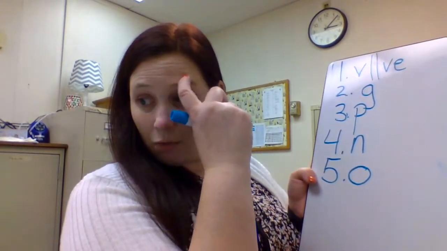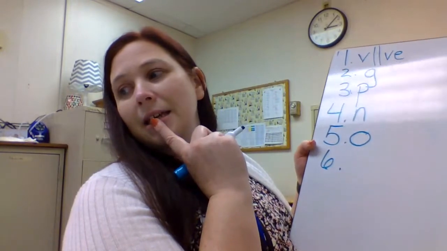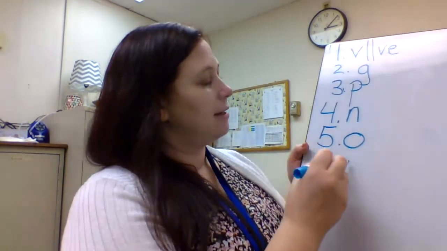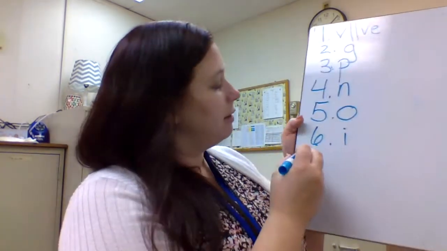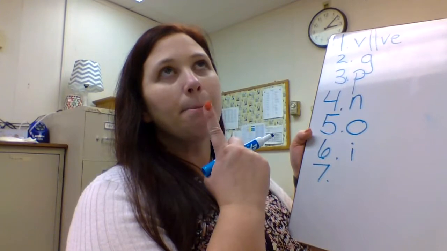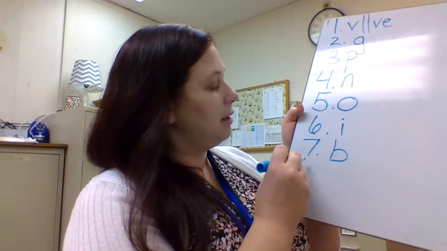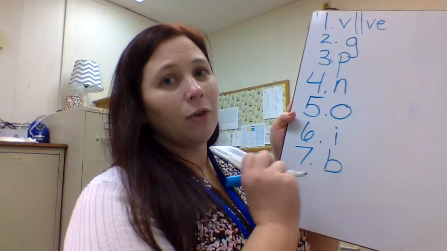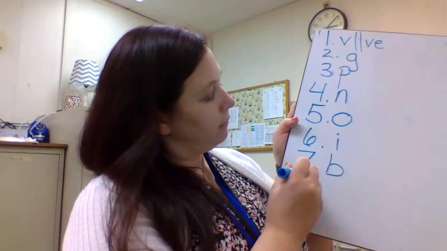Going to be an O. Number six, I. That's going to be an I. Number seven, B. That's going to be a B. And again, that might be backwards for you on your camera, but it is a B, like boy.